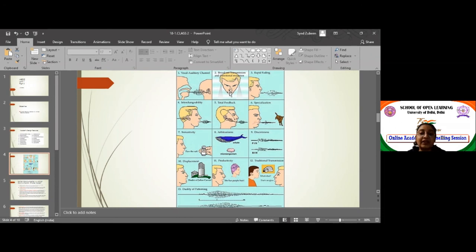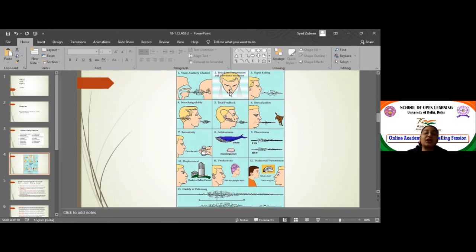It will remain the same. Then displacement. We can use language to talk about the past and the future, right? And productivity. We can create meanings from words in n number of ways. Infinite possibilities are possible in the language that we use.